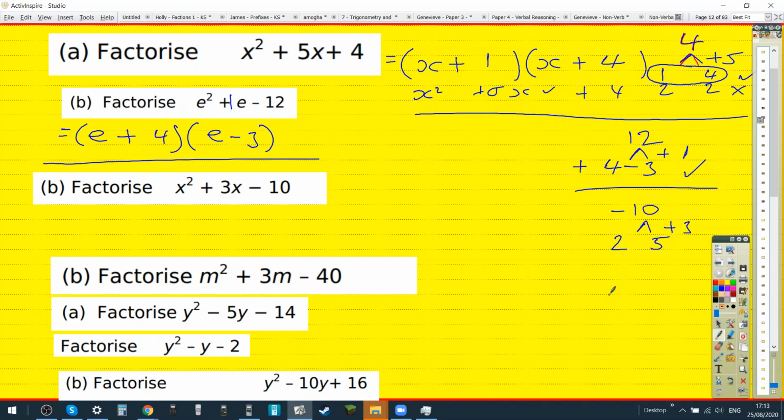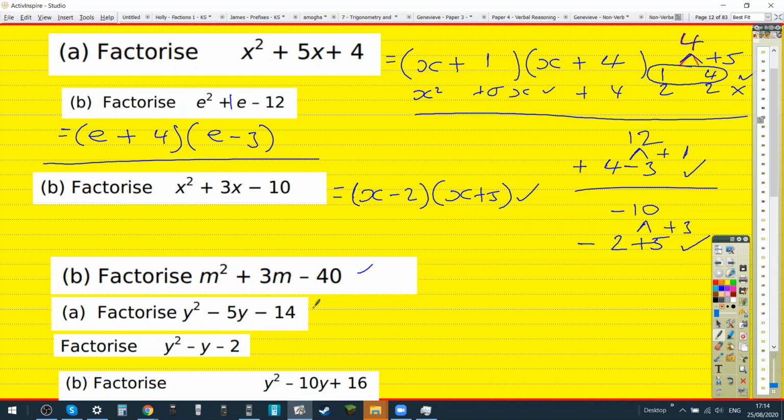Actually, I think that might work if you do minus, yeah, if you do minus 2 plus 5. So what is the bracket? X minus 2 and x plus 5. Well done.